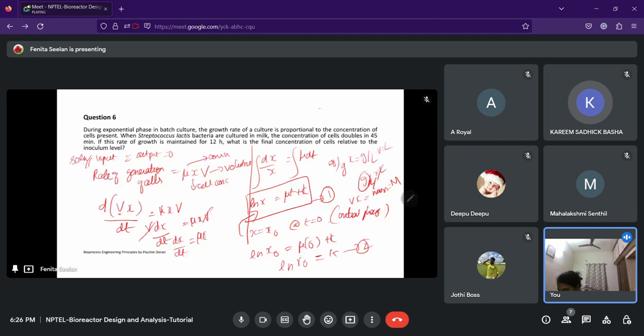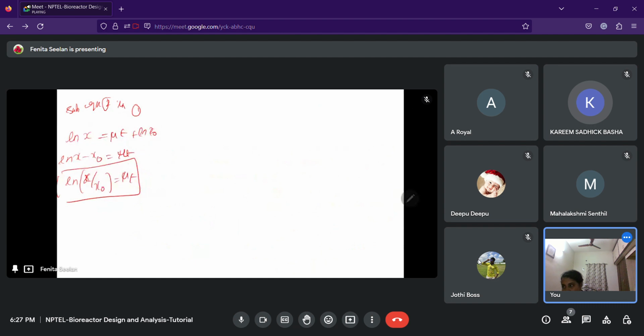In case your cell is doubling, if your initial inoculum level is X naught, it will increase 2 times, so it will be 2X naught.